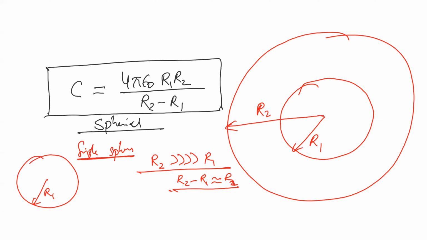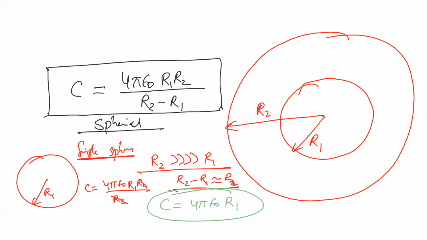So the capacitance value will be 4 pi epsilon naught R1 R2 divided by R2. R2 will get cancelled. So the capacitance value for a single sphere, remember that, is 4 pi epsilon naught R1. So if someone asks what is the capacitance of Earth, we'll say 4 pi epsilon naught into radius of Earth.